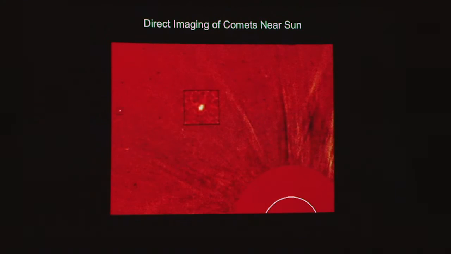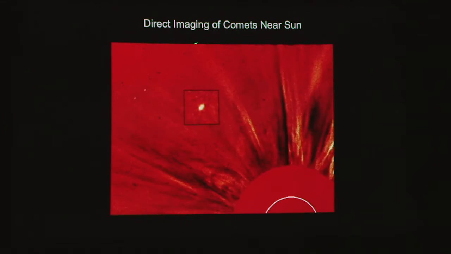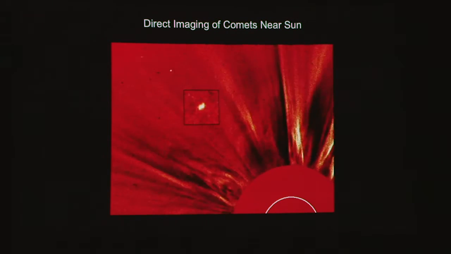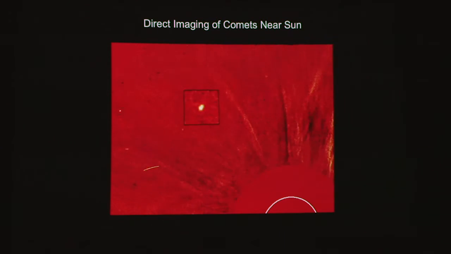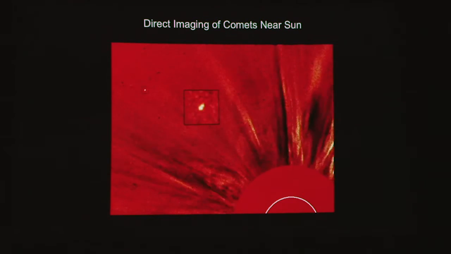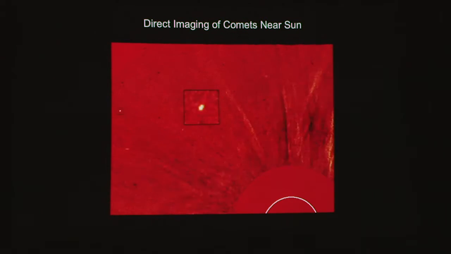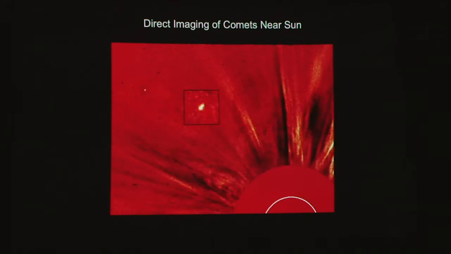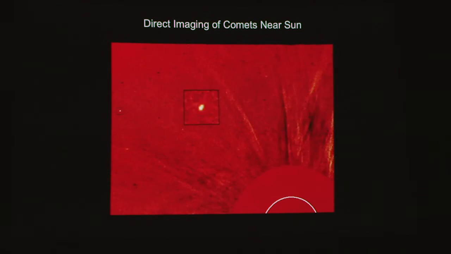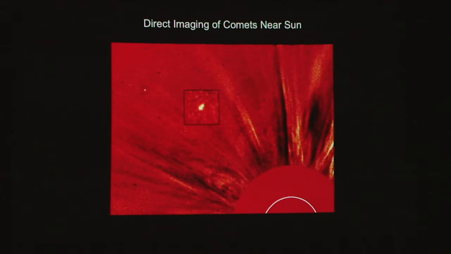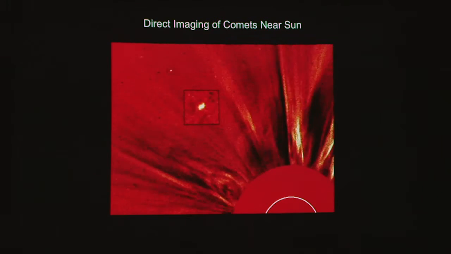And then similarly, here is another image showing another comet. This one doesn't plunge into the sun, but again, you can see that once you've blocked the light of the sun, you're able to pull out these really faint objects. This same principle can be applied to both telescopes on the ground as well as in space.